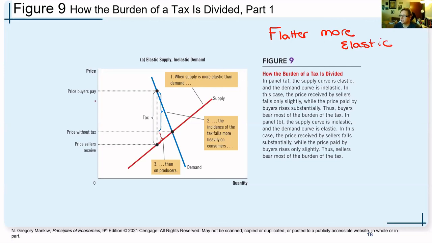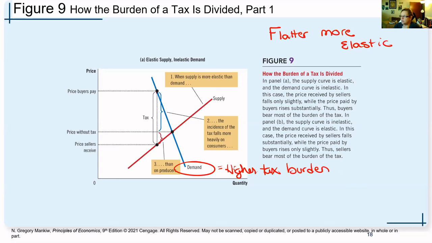So let's just look at this. Try not to look over here at the tax or anything. If you look at the blue line and the red line only, which one's steeper? Demand, right? So now we know they're going to pay a higher incidence of the tax. Higher tax burden, higher tax incidence.